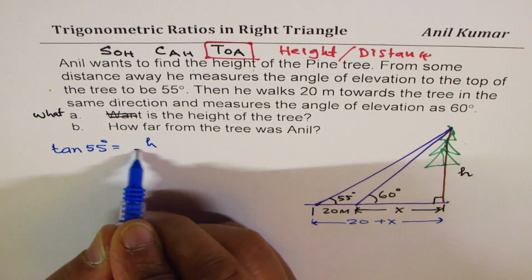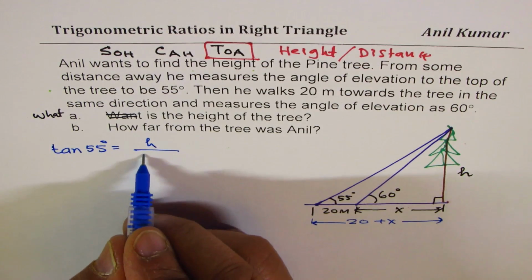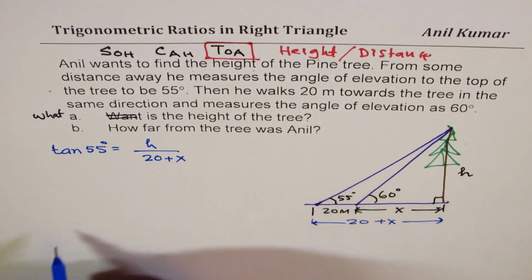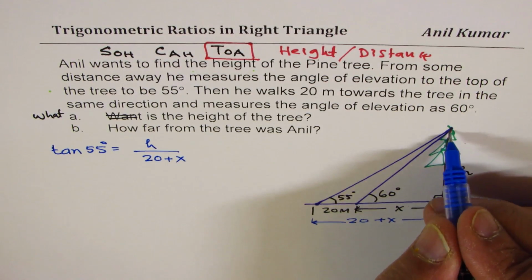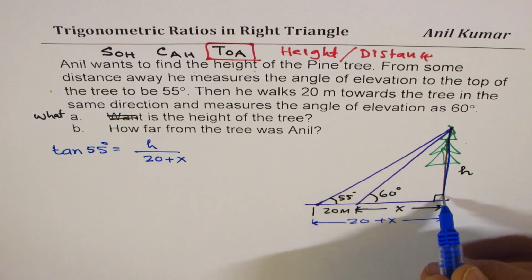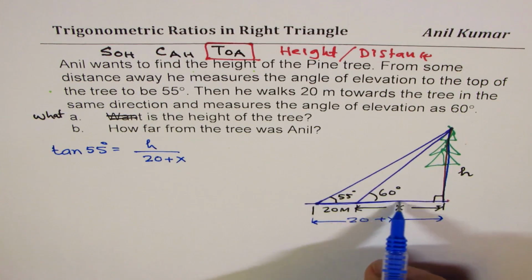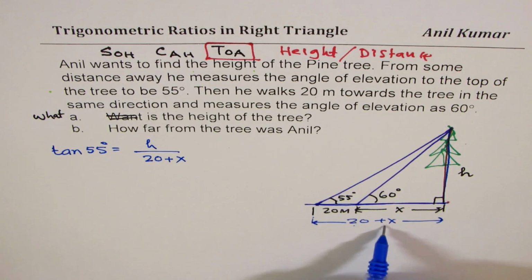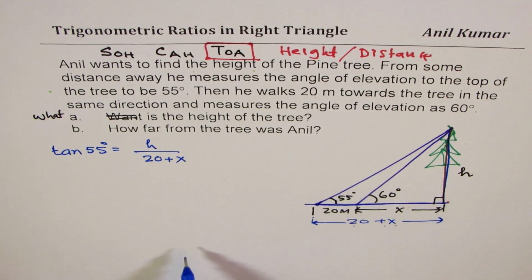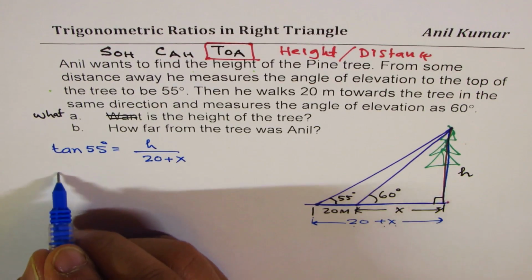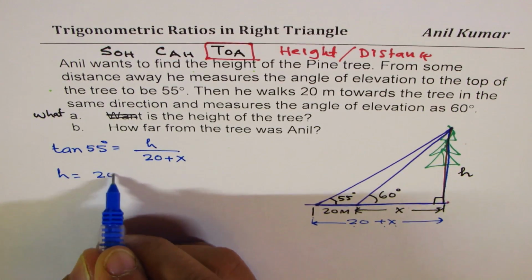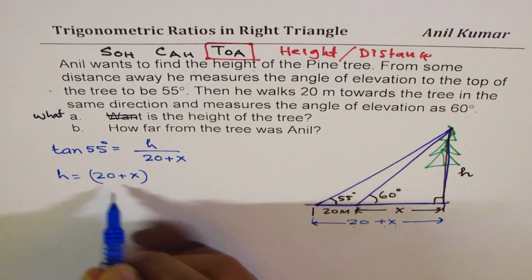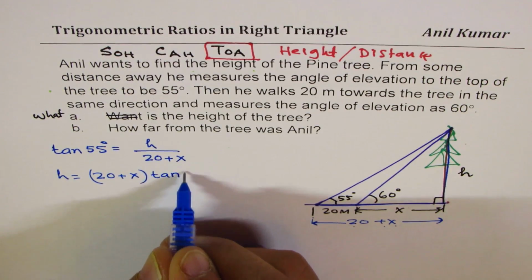So h over 20 plus x. Is that clear? So we are now considering the bigger triangle. The angle is 55 degrees, the distance is 20 plus x, and the height is h. So from here, we can write h is (20 plus x) times tan of 55 degrees.